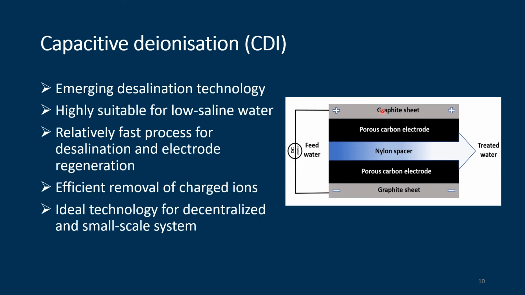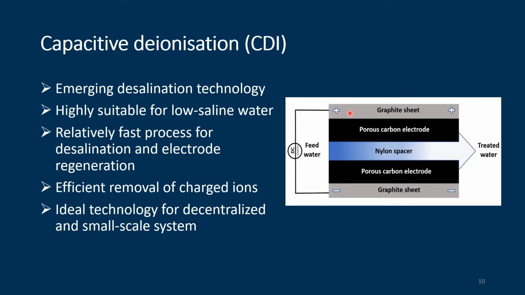So CDI consists of, same as electrochemical processes, porous carbon electrodes in the water channel, and then porous carbon electrodes, and then graphite. So you have a connection of your electrical current.